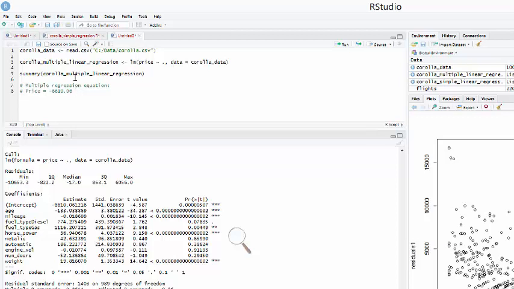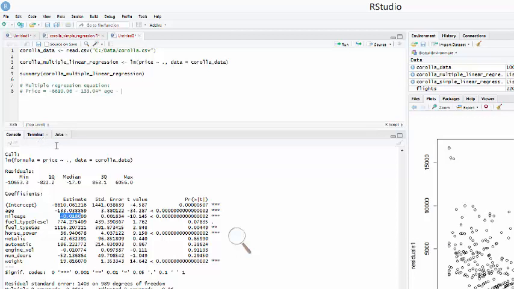All right. Age is the first one on the list, right? Age is negative, minus 133.04 times the age. Okay? Mileage is also negative, agree? So minus, here's my mileage.